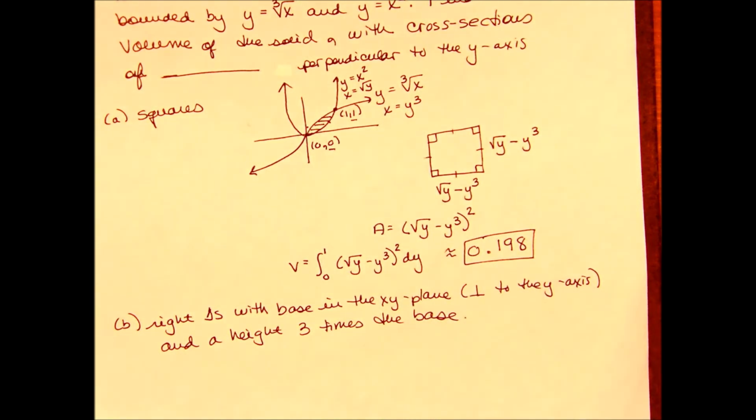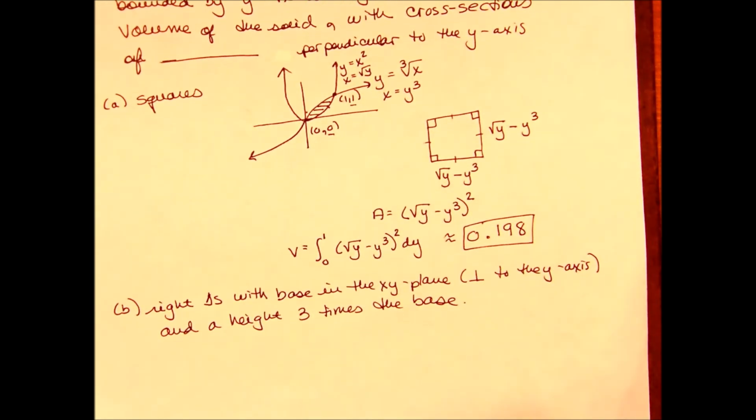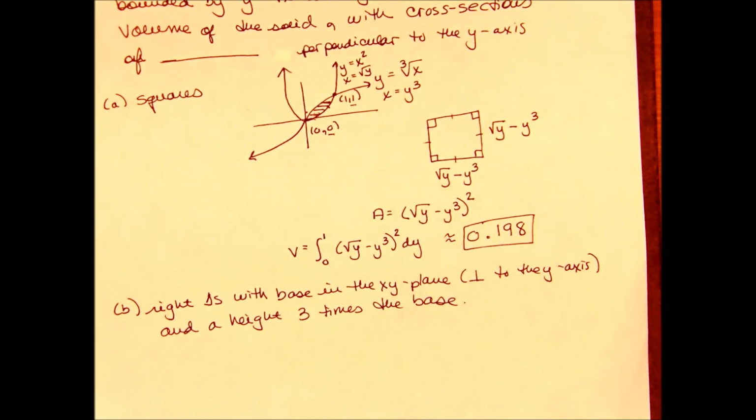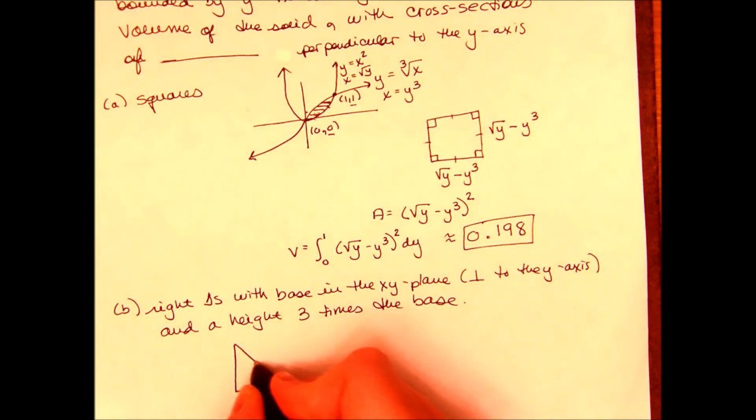This time I'm dealing with right triangles with a base in the xy plane, so those horizontal strips that you're seeing are the bases of those right triangles, and a height 3 times the base. I'm going to go draw in one of those triangles.